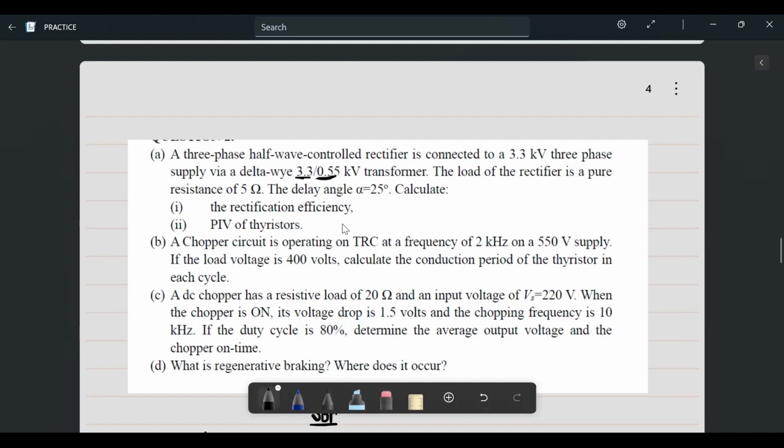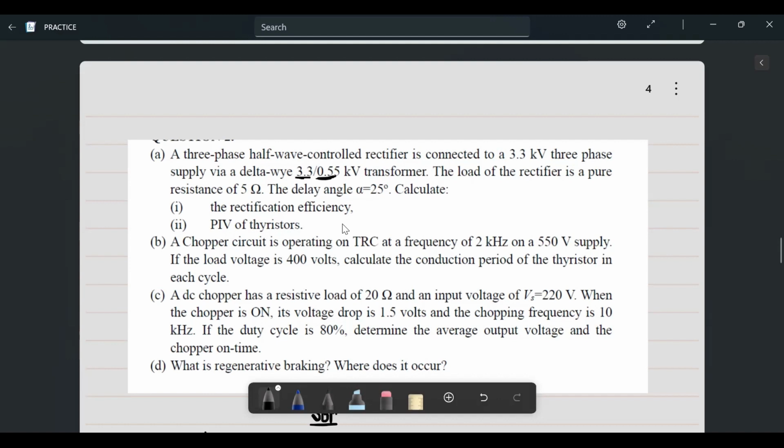So yes, now looking at the problem that we have here, we have the supply of 550 volts, right? And the load voltage is 400 volts. What kind of a chopper is this? It's a step down chopper, right? And that is what we call a biconverter, isn't it? So we have a biconverter here, step down chopper.